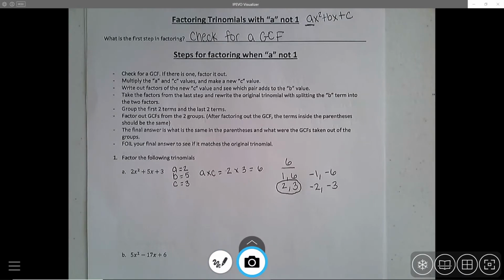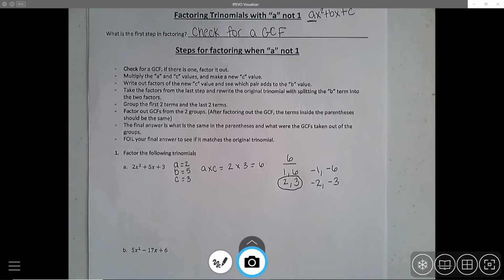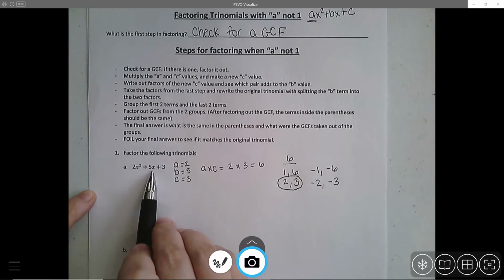Right here is the new step. Sometimes you hear teachers call this splitting the B or splitting the middle term. I'm going to take these factors of 2 and 3, and I'm going to split my 5x into a 2x and a 3x.